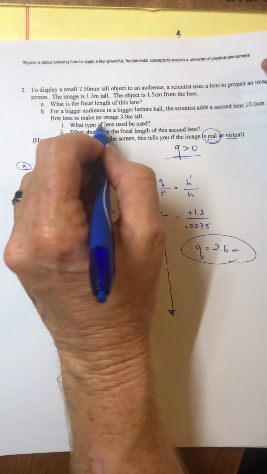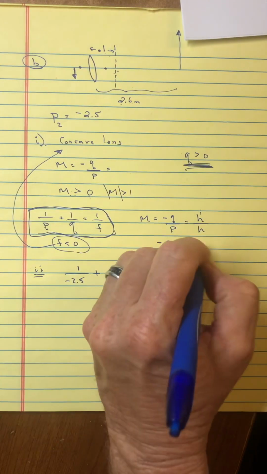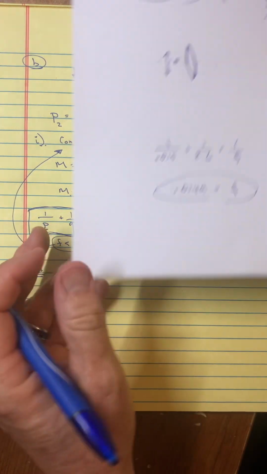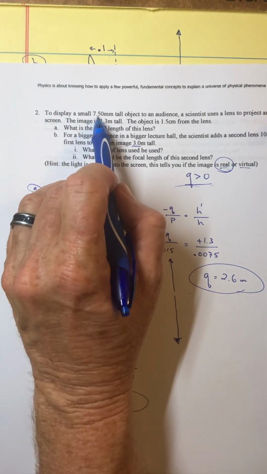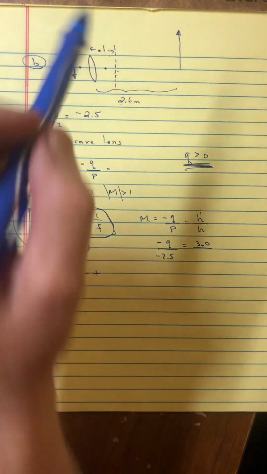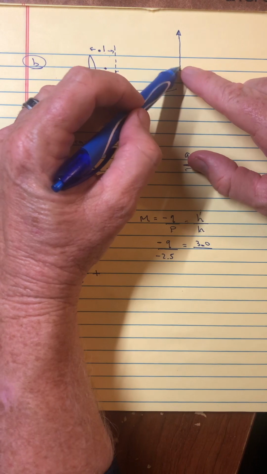And so maybe that's a hard part of this problem too. This is a pretty hard problem. But we're going to just say that this is a 3. That's how big it is. Now, for the height of the object, don't go all the way back to the original object. That is not really what we want. What we want is to say that the object for the second lens is the image for the first.